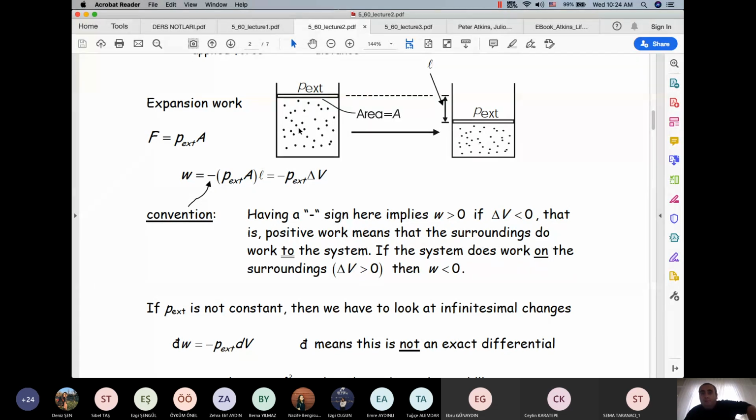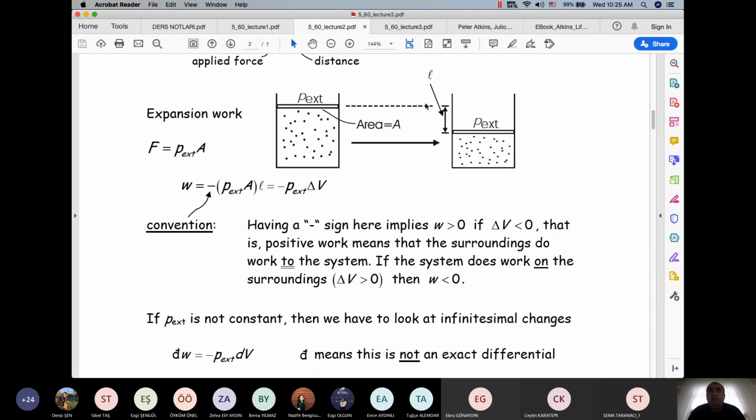For the work done, the pressure inside the system is not really important for an irreversible process. For reversible processes, it will be important and we will show that. But for now, what's important is the external pressure times the volume change.